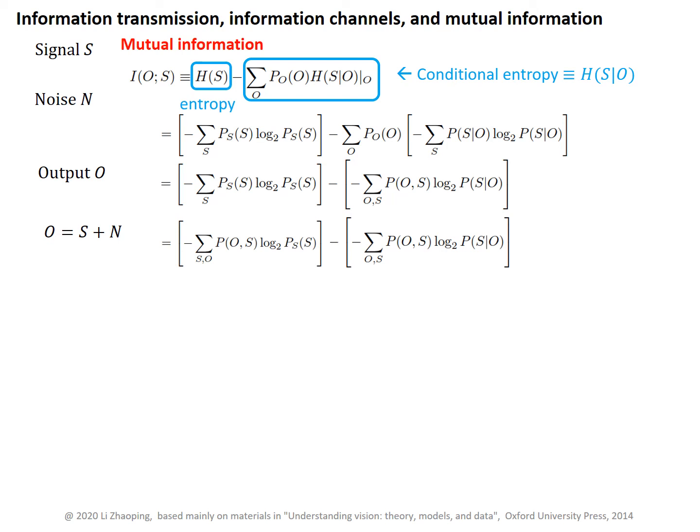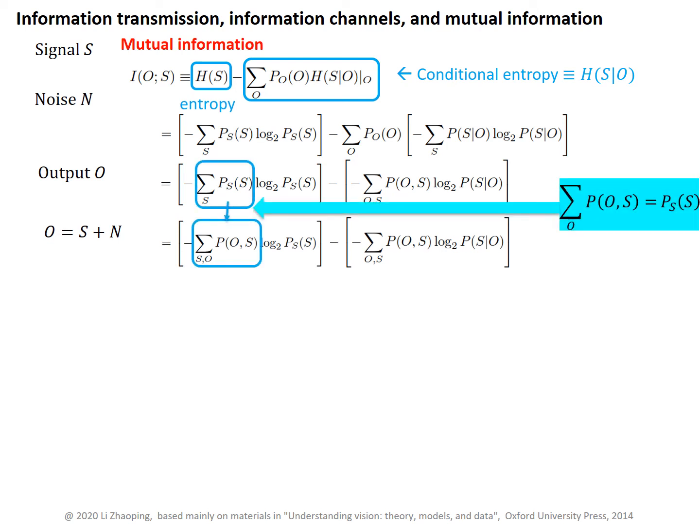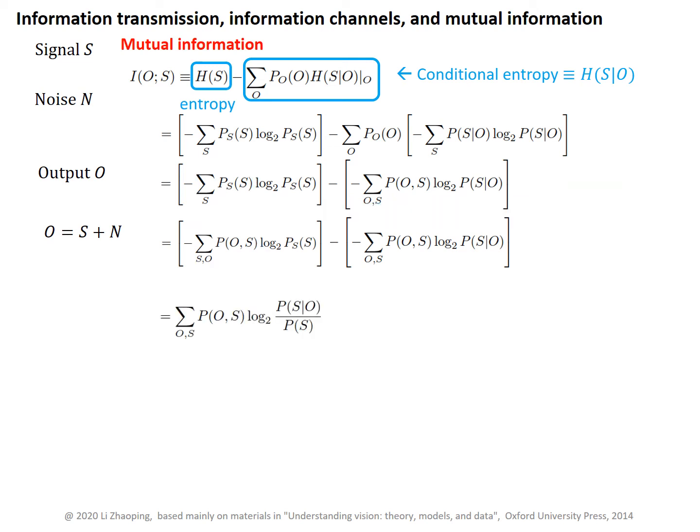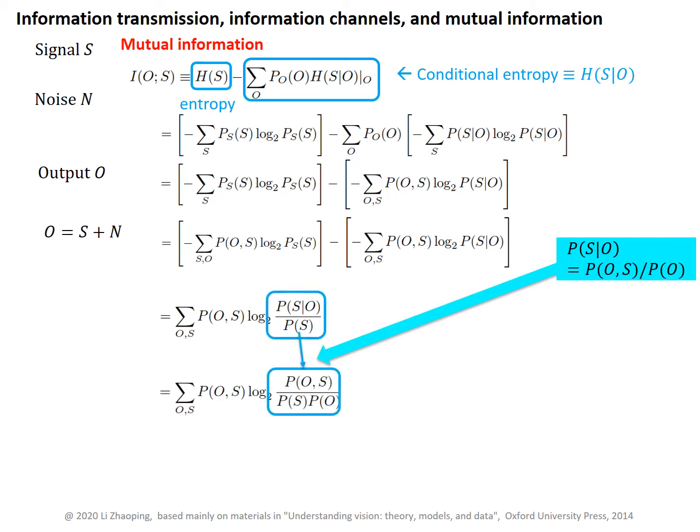Let's now expand further, noting that the marginal probability P(S) is equal to the joint probability P(O,S) summed over all O. Now we can combine the two terms together since they are both weighted by the same joint probability P(O,S). Now we can write it in another form.